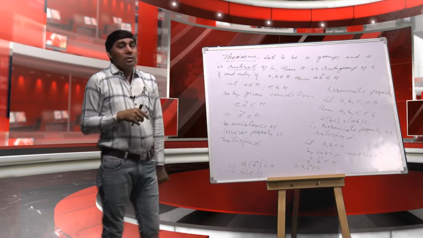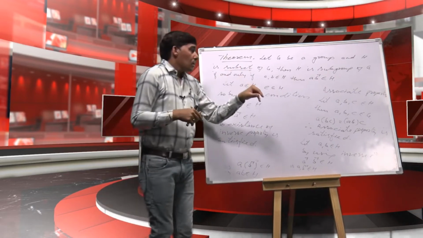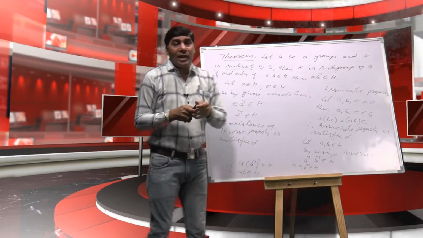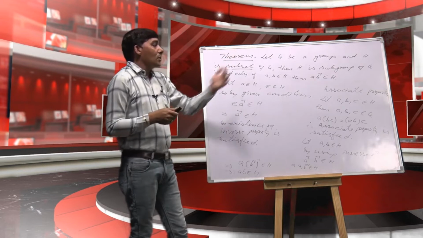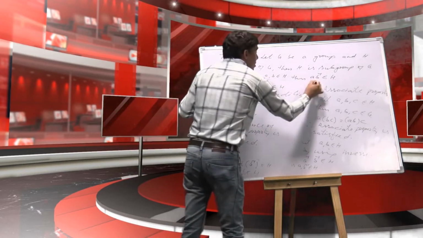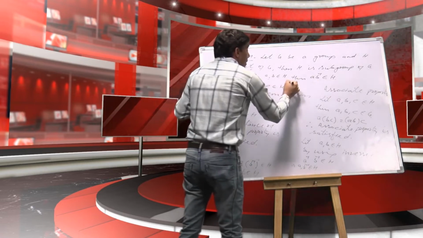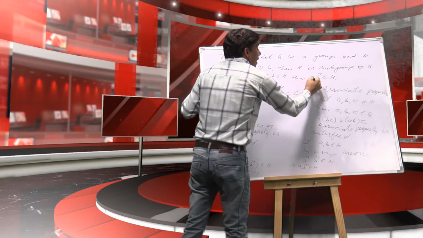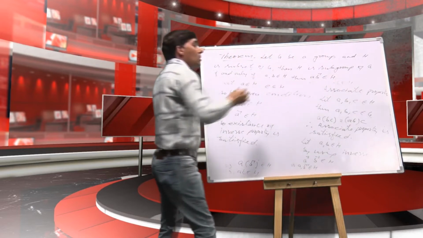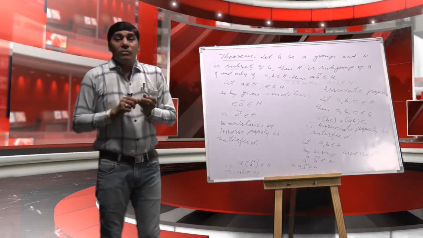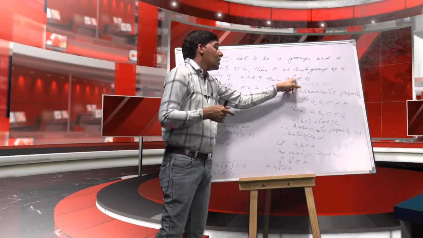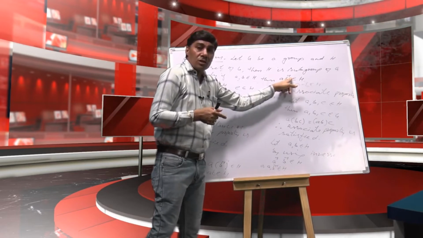Here the binary operation is multiplication. But in case of addition, our binary operation becomes addition. So in this case the same result is converted as: if a, b belong to H, then a minus b also belongs to H. Because in addition the inverse of b is minus b, and in multiplication the inverse of b is b inverse.